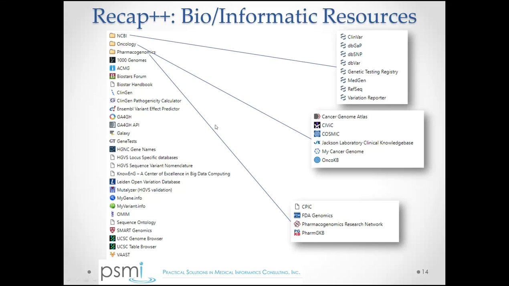But I call this a recap plus plus because there are a few resources here that we haven't really covered, some that we haven't talked about at all, some that we've really just basically talked about. So there are just a few resources I thought would be worth spending a minute to point out to you. One is the American College of Medical Genetics and Genomics site, and that's a very good site to go to if you're looking for clinical guidelines.